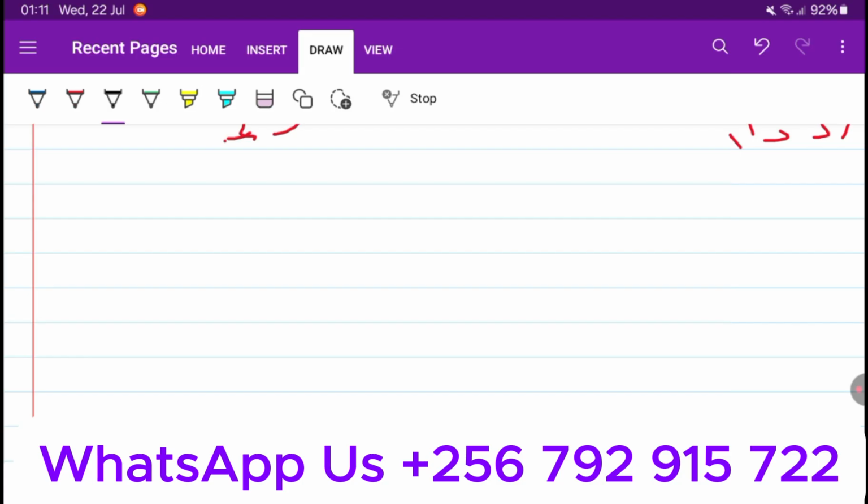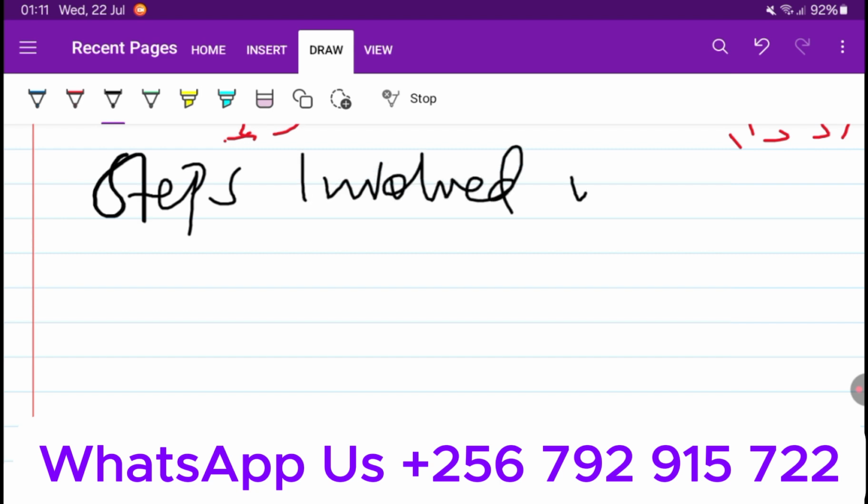So if that is the case, now to know the steps that are involved in getting our weighted mean.